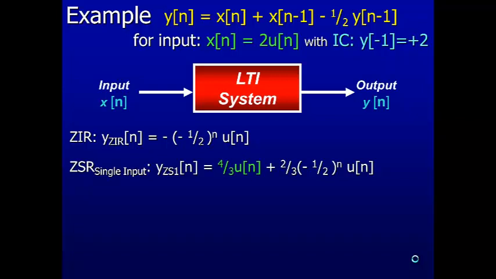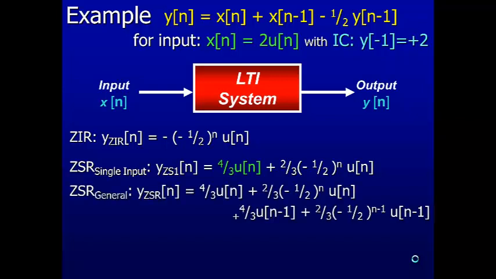We found the single input case zero state response, this mess, and our zero input response. The general zero state response, well, our general equation has x sub n plus x sub n minus 1. So we'll take the zero state response and we'll take a delayed by 1 version of it and add those two together.